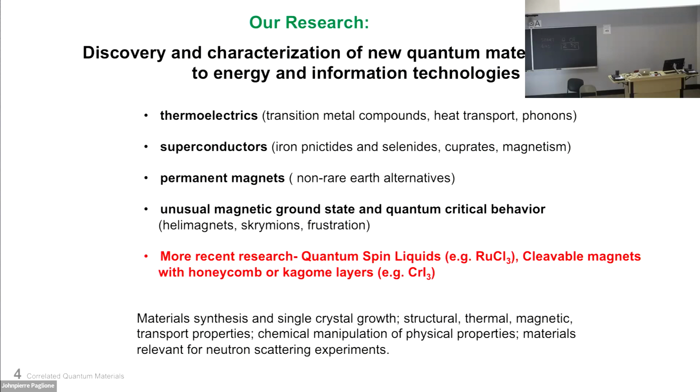And our recent research has focused primarily on quantum systems, things like quantum spin liquids, or cadmium metals, or honeycomb materials. And so typically what we do in the group is we first decide what we want to grow. We grow it, we measure its properties, see if it's interesting.